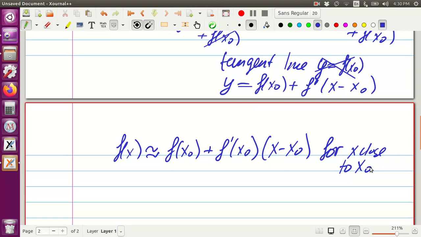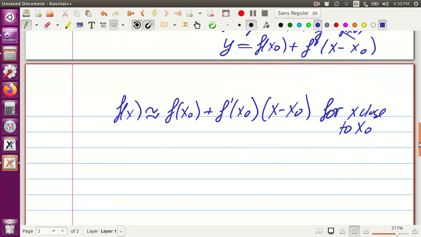So that's the whole idea, and let's try to work this out in an exercise.